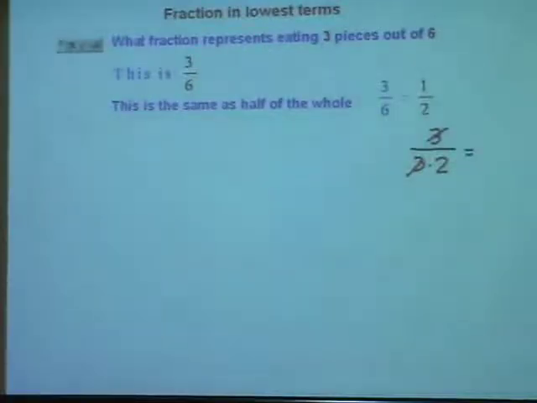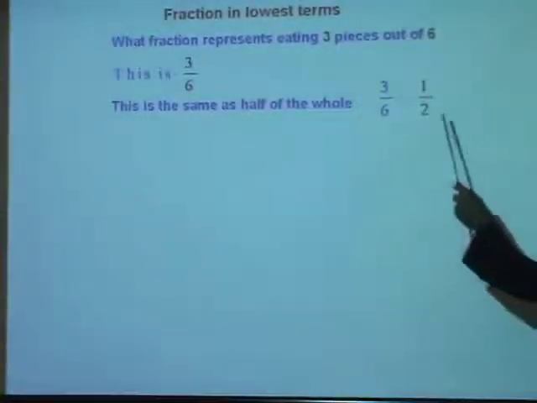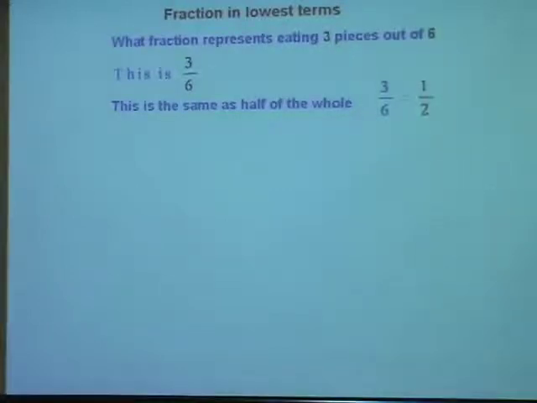Now, what is on the numerator now? On the numerator is a 1 because 3 is 3 times 1. The answer is 1 over 2. So, 3 over 6 is the same as 1 over 2.